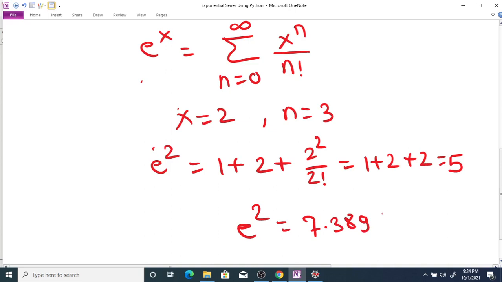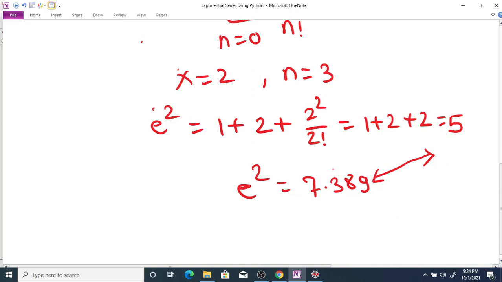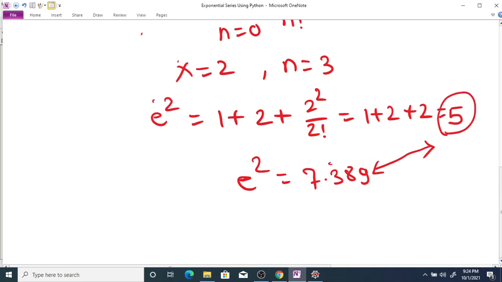So if you observe here, the error between the exact value and the approximate value is very large. You can reduce this error if you increase the number of terms. That is, if you increase n to say 10, then your answer will be approximately 7.3, very close to 7.389.